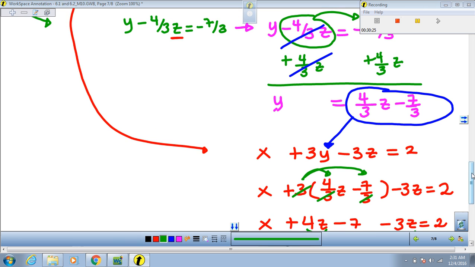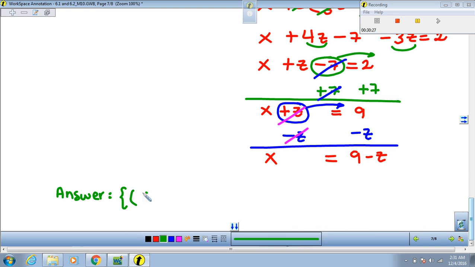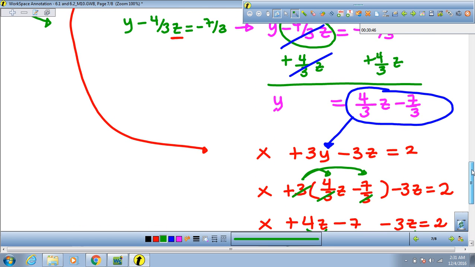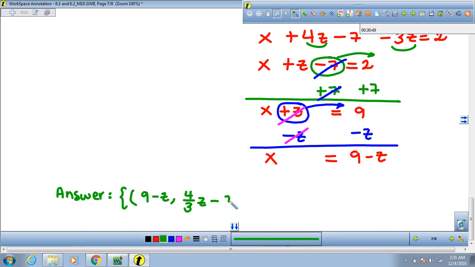No, I'm sorry, the one that is solved for x. So this one, 9 minus z. This represents your x variable. Then y, it's 4 over 3z minus 7 over 3.